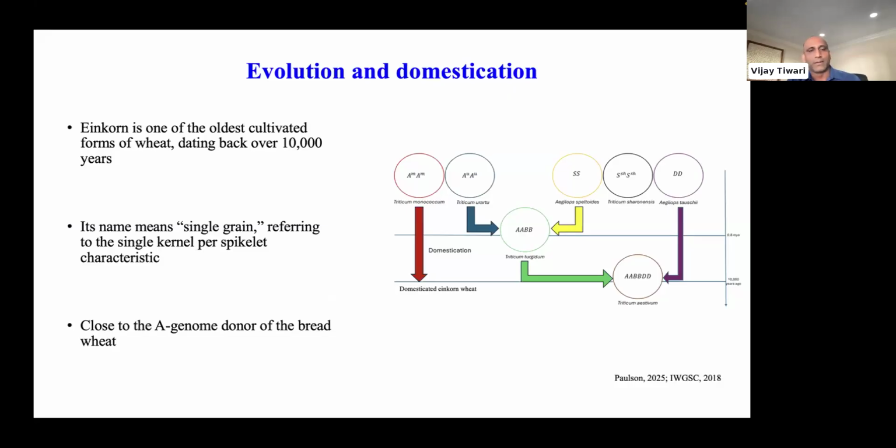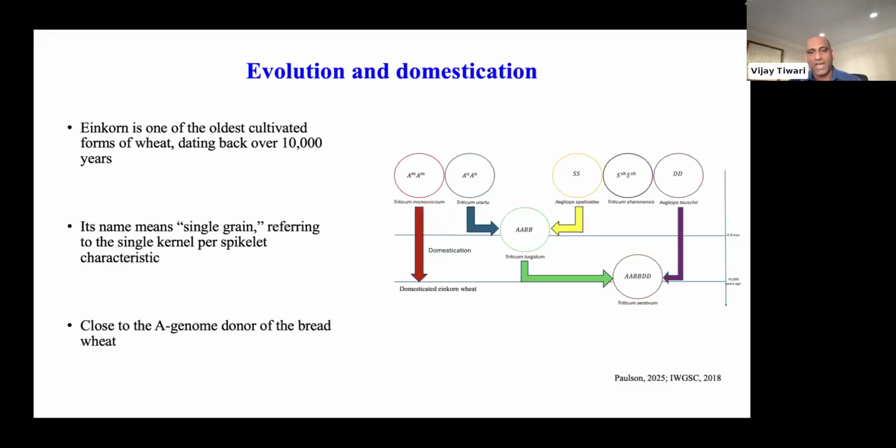Some literature suggests that einkorn wheat was domesticated about 10,000 years back. Again, this is the wheat evolutionary chart, where you can see Urartu, the A genome donor, got hybridized with the B genome donor, and then gave our bread wheat about 10,000 years back, whereas the subspecies aegilopoides of monococcum got domesticated around the same time, 10 to 12,000 years back, and we got our domesticated einkorn wheat.